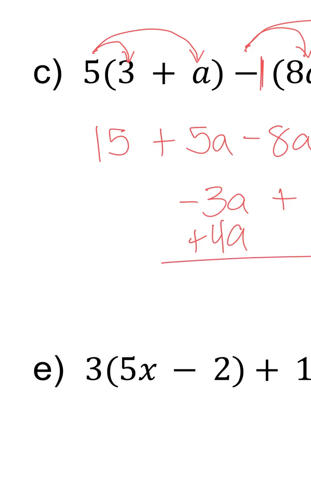All right. So now I have a plus 6 equals 0, basically. Now I need to get that 6 to the other side. So I would subtract it. Now I have a equals negative 6.